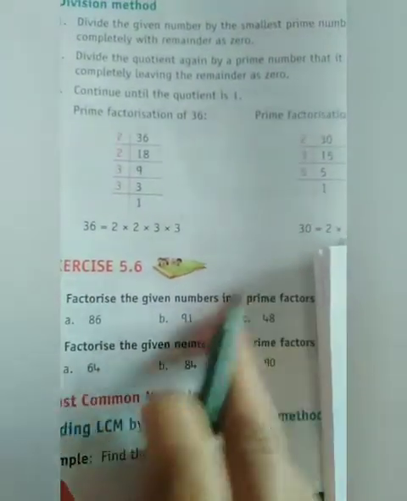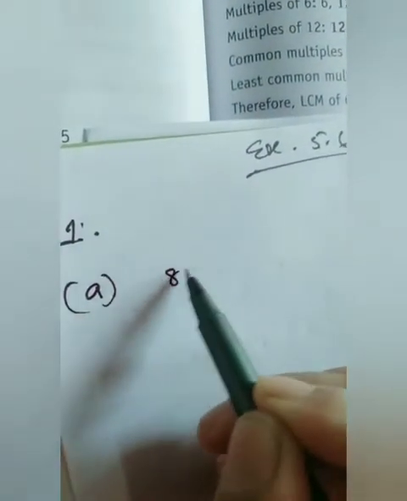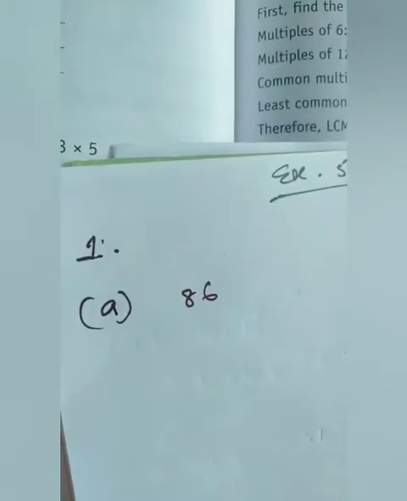Look at your textbook and write the question here: factorize the given numbers into prime factors. Let's do a few. Let's do A and B. Question A is given, 86. This one we have to factorize by the factor tree method.